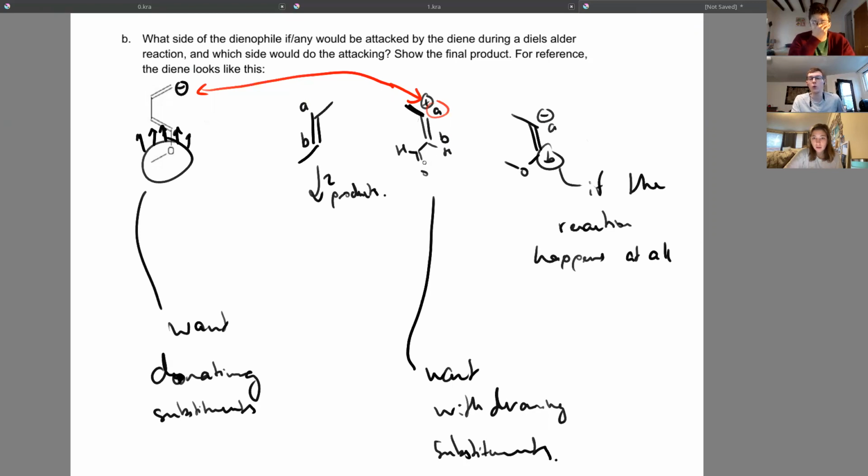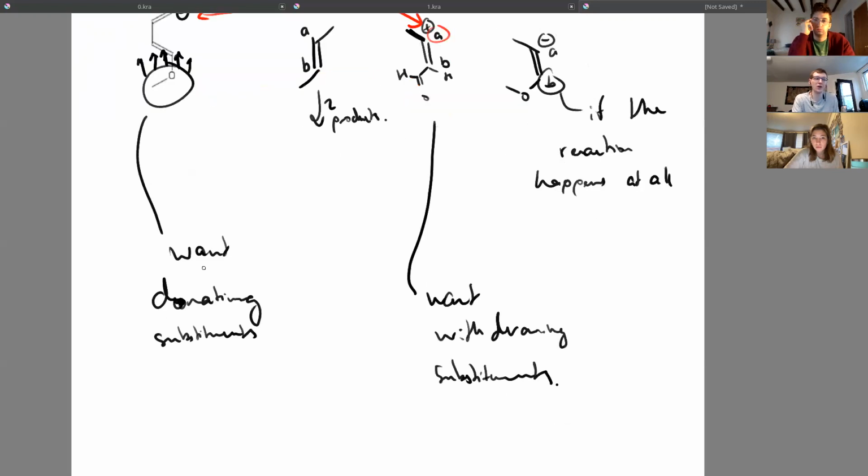Over here, we want a really low energy LUMO, an unoccupied orbital, because that way the electrons from the diene will happily go somewhere that's really low in energy. In general, a donating substituent will raise the position of the HOMO, and a withdrawing substituent will lower all of the orbitals really.